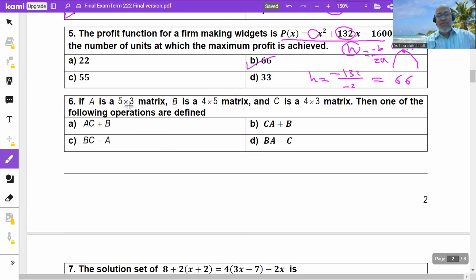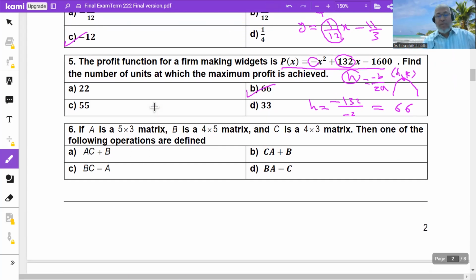If A is a 5 by 3 matrix, B is 4 by 5, C is 4 by 3, then one of the following operations is defined. Now for part A, A times C: A is 5 by 3, and we need to multiply by C, which is 4 by 3.